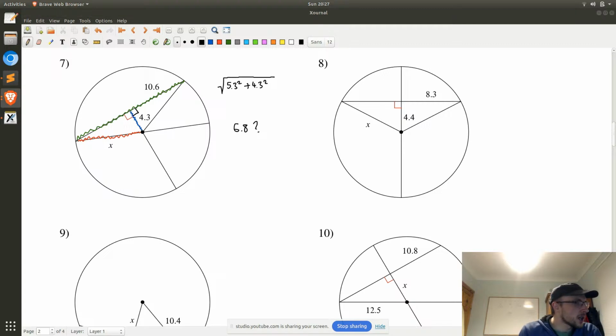Okay, we check. Okay, so that's still not in agreement. That's still not right. I can't quite tell why. I really hope they're not calling this 10.6.